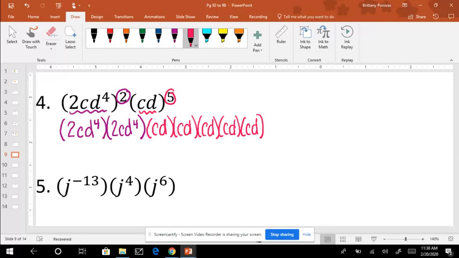So now this is one big multiplication problem. Don't forget that all of these single variables all have powers of 1 if you need to write them in. So we're going to multiply our coefficients and add our exponents. So 2 times 2 is 4. And now we're going to add our exponents.